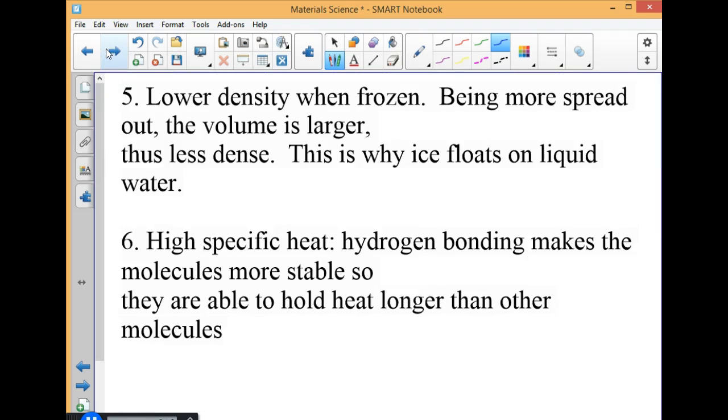Water is really unique because it is less dense in its solid form. This is not the norm. Oftentimes, a substance is far more dense in its solid form than in its liquid form.